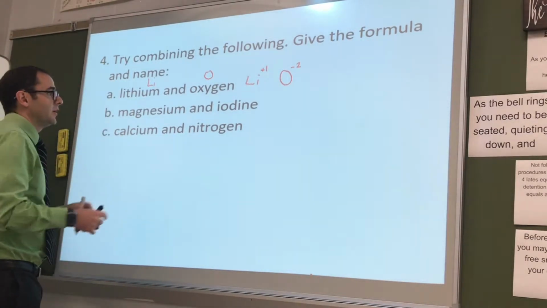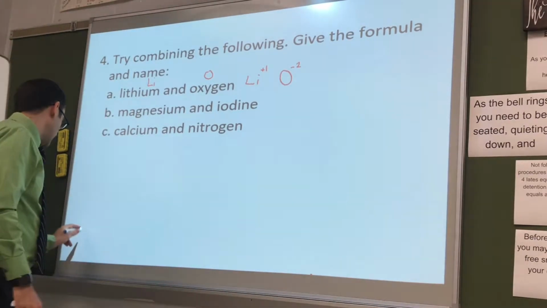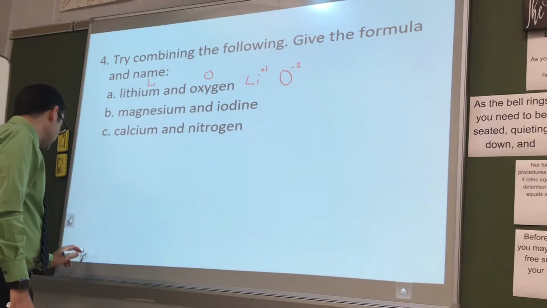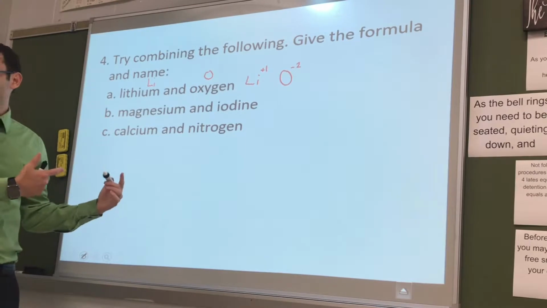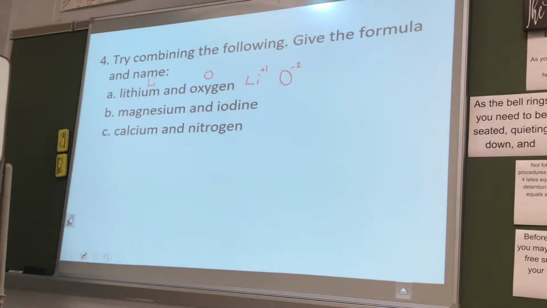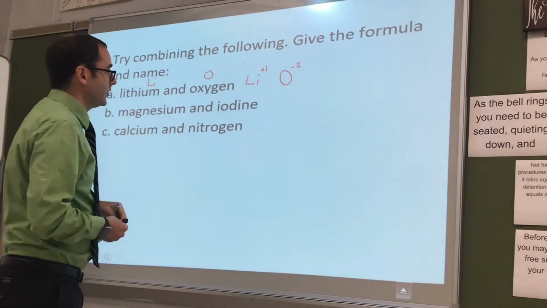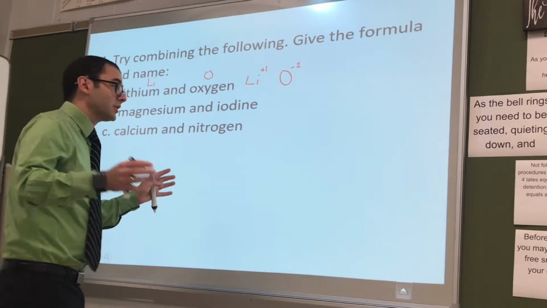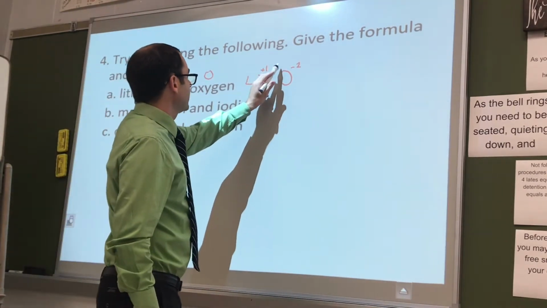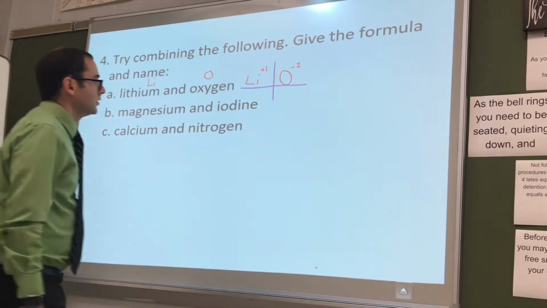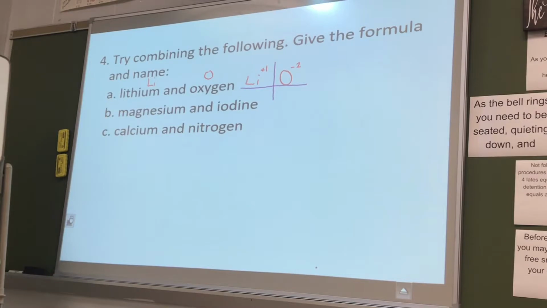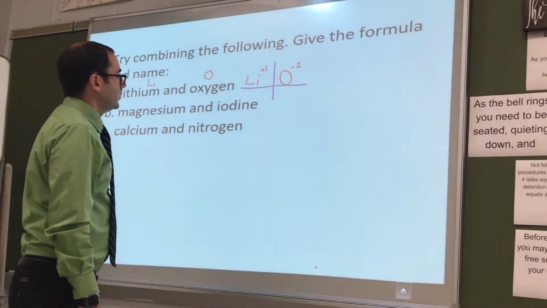There's a formula I like to use to kind of figure this out. It's gonna seem like it makes things a little bit more complicated, and it may. For this one, it makes it more complicated. But later on, when we have more complicated charges, it may make things easier for you. Let me just show you what it is, all right? I'd like you to write it down as well. What we do is we put a cross between there to make a grid. All right?